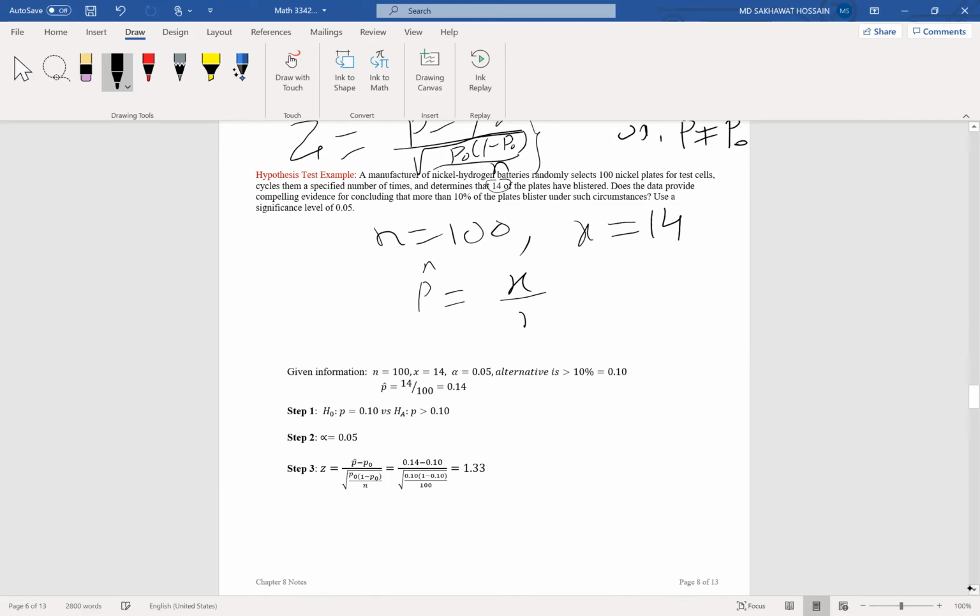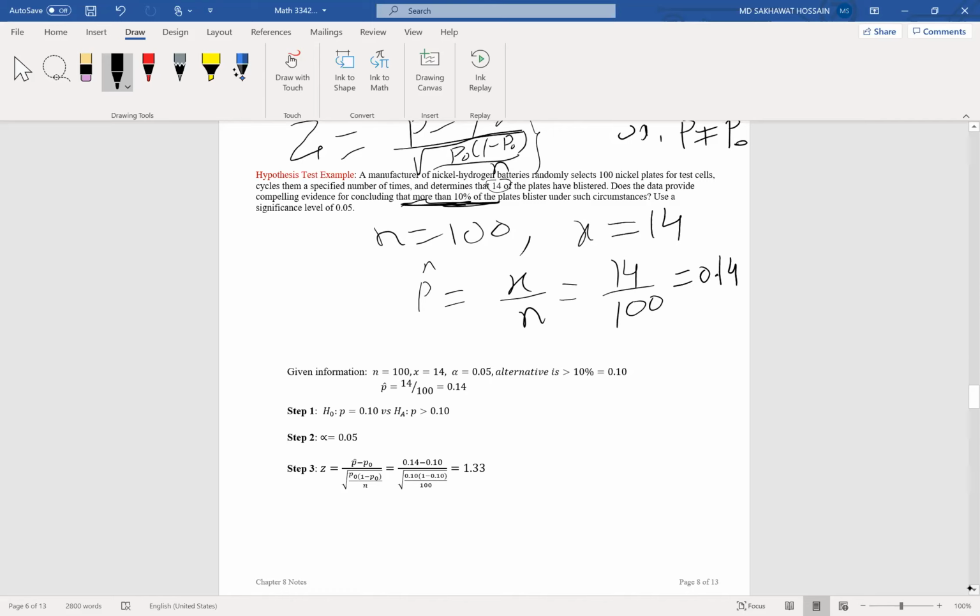So P hat is the proportion of successes, that is X over N, which is 14 over 100. So that is 0.14. So this is our P hat. Now we want to do a hypothesis test with a level of significance. Does the data provide compelling evidence for concluding that more than 10%?